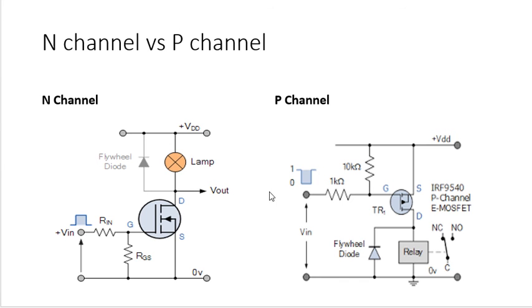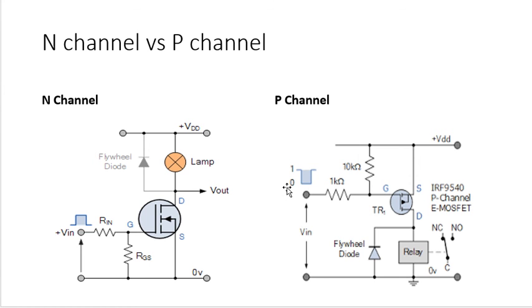In both cases you can see the load is connected in series with the drain. Next thing to notice is that this time you have to provide a negative gate signal to turn this MOSFET on, because it is a P channel MOSFET.